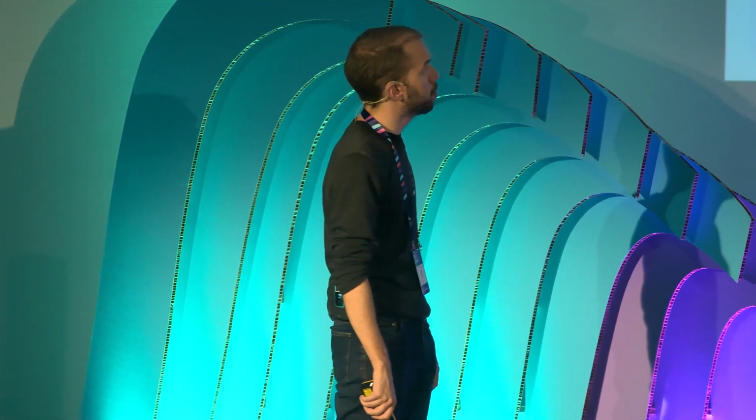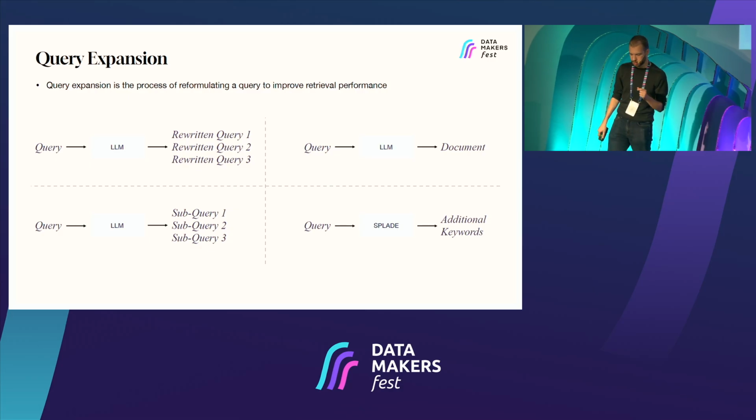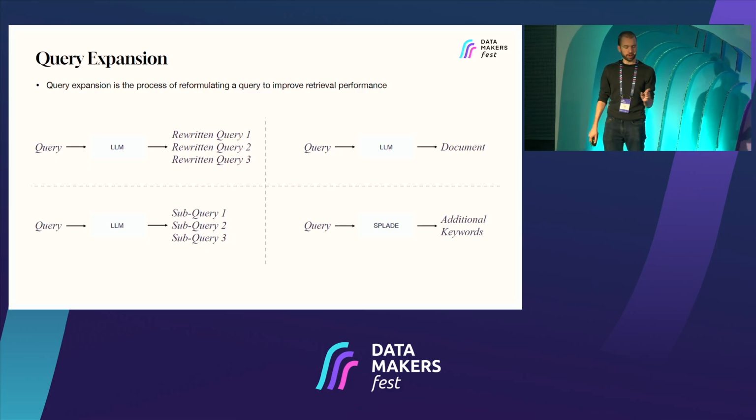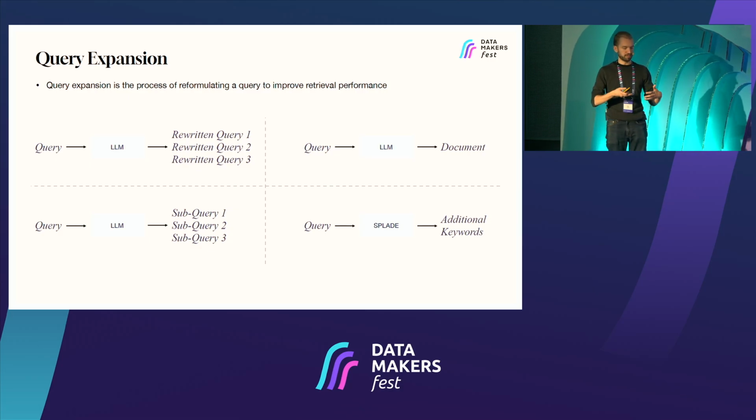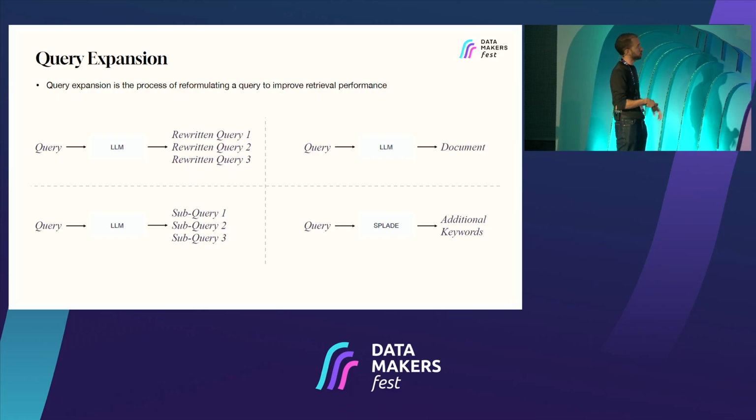Okay, so remember that in the beginning, I said that the user query usually doesn't have a very rich semantic meaning. So there are some strategies using LLMs to enrich the semantic meaning of the user query.